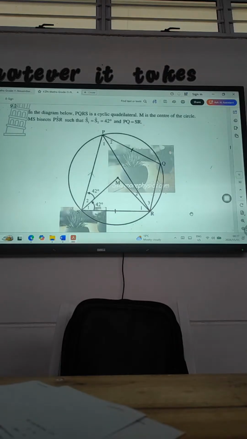Make it a rainbow. Make that diagram a rainbow. It must be colorful. Now the most important thing is to analyze the diagram.